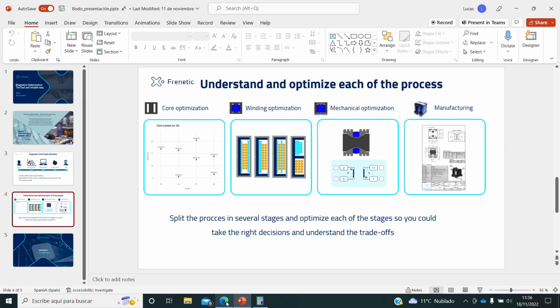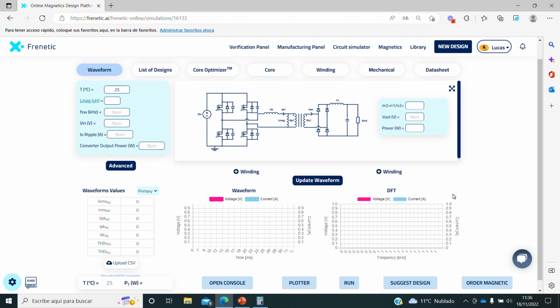So I'm going to Frenetic Online, and here I'm going to show you an example of the core optimization on a phase shift full bridge transformer.